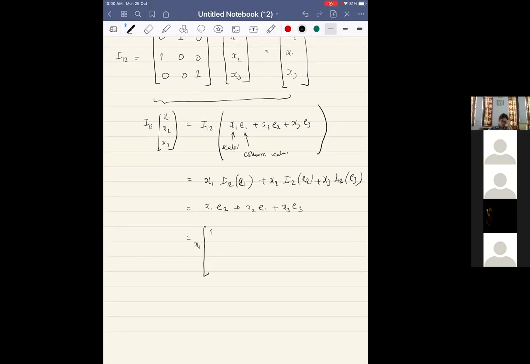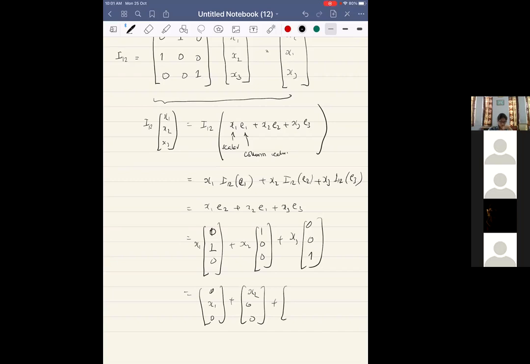This is x1 times 1, 0, 0 plus x2 times 0, 1, 0 plus x3 times 0, 0, 1, which is 0, x1, 0 plus x2, 0, 0 plus 0, 0, x3, which is x2, x1, x3. So it is all consistent. Was that helpful? Yes, sir.